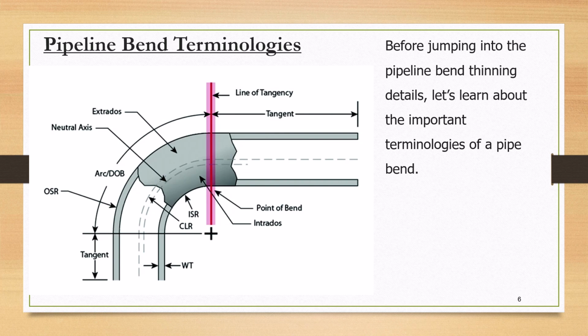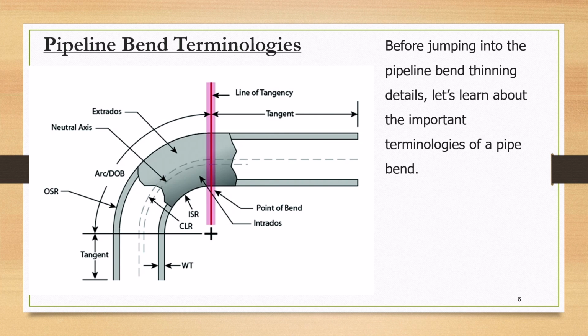In other words, it separates the arc of the bend from the tangent section. Before the line of tangency, the tube is straight. Past the line of tangency, it is bent. In draw bending, the line of tangency is fixed in space through which the tube or pipeline is drawn around the bend die as it rotates.